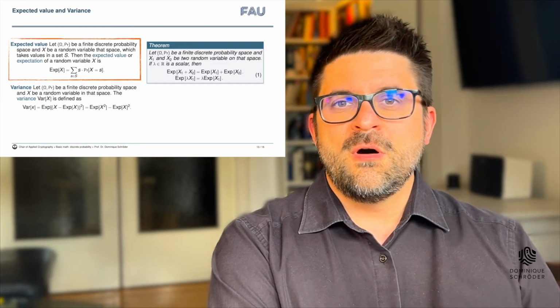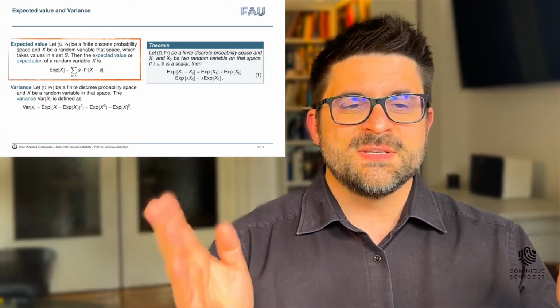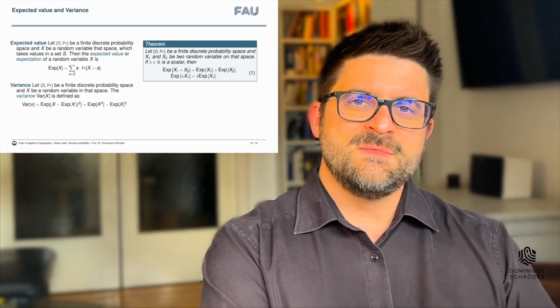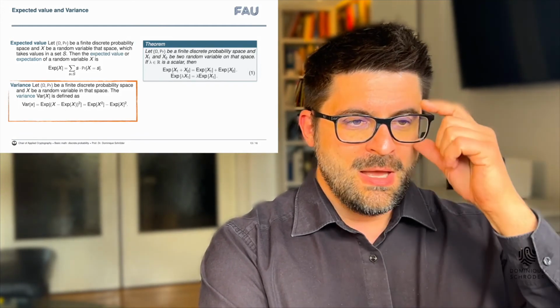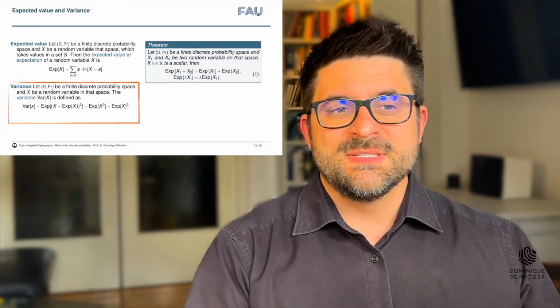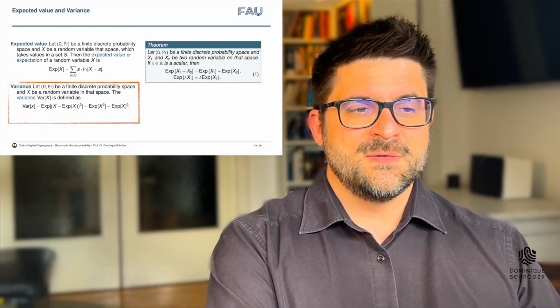Another thing we are often interested in is the question: what is the variance around a certain value? So very often we will have a certain probability distribution and certain events are very likely, but what is the variance there? The variance is defined as follows.